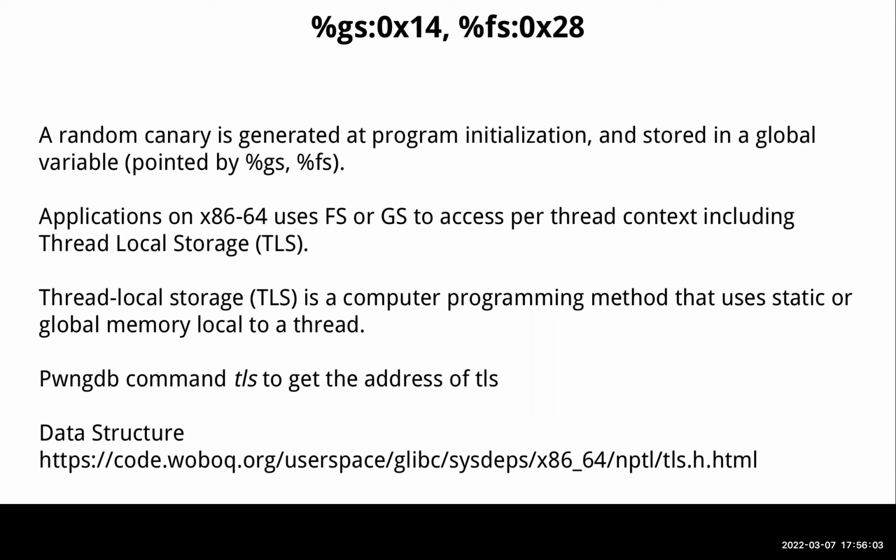This is only generated once, so the current implementation is not that safe. FS and GS actually point to a data structure called thread context, or thread local storage, which stores program-related information. The data structure is called a TLS. If we debug locally, we can use the TLS command to do that. But on the server, I guess we don't have that plugin.